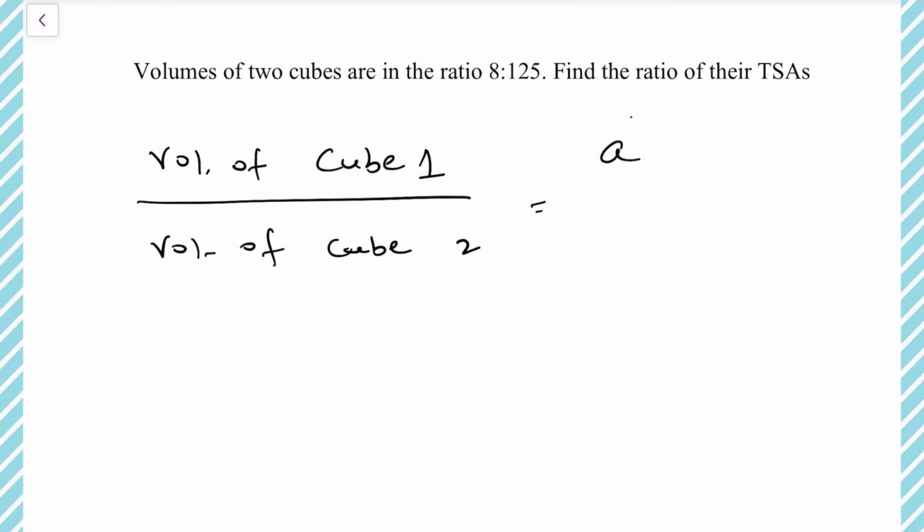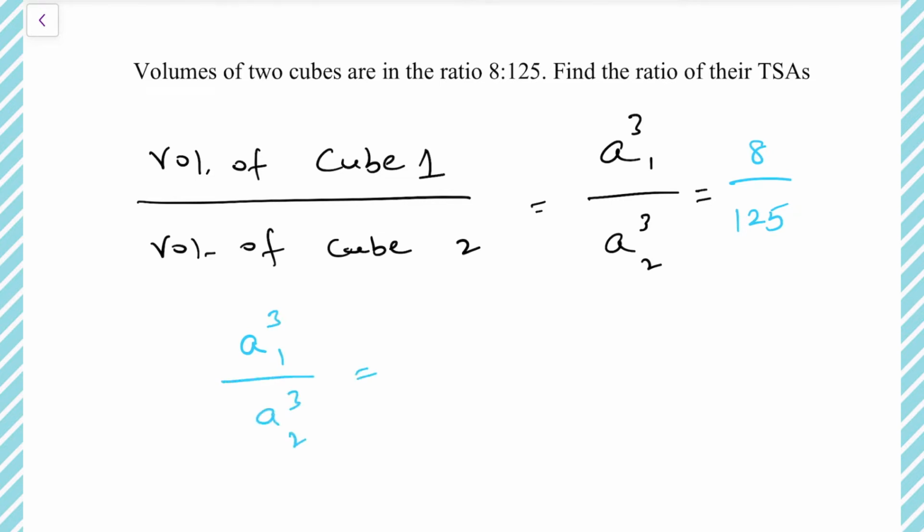It is a cube, but here we are considering particularly cube 1, right? So that's why I'm taking a1 cube divided by volume of cube 2, a2 cube. Okay, so this ratio is given as 8 divided by 125. a1 cube divided by a2 cube equals 8 divided by 125. 8 can be written as 2 cube, 125 can be written as 5 cube.